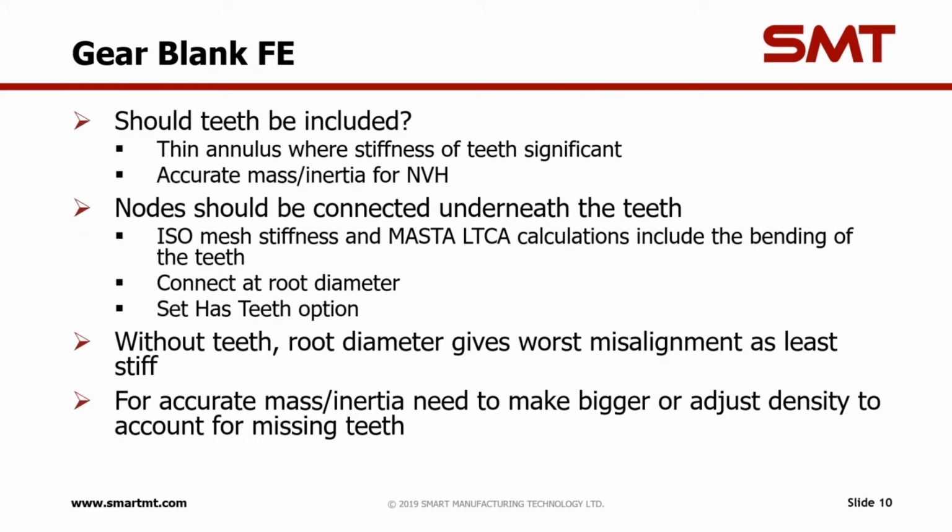So if you're connecting to the surface of the teeth, then you'll be double counting that. So we don't want to do that. So we'd always connect those nodes to a kind of surface of nodes at the root diameter, and that should be within the FE. So you want to grab a kind of set of nodes underneath the teeth rather than on top of the teeth.